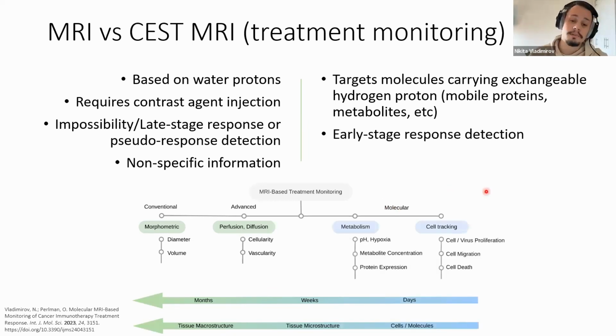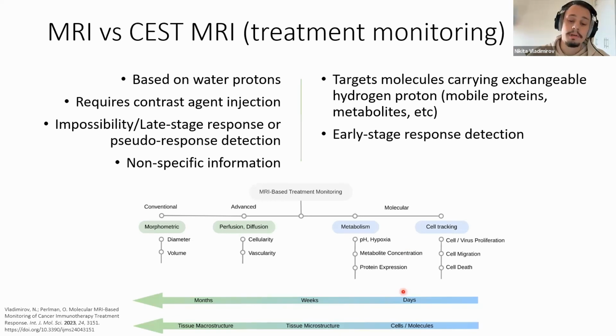And this allows us early stage response detection. We can easily differentiate between pseudo response and real response because we can monitor metabolism, because CEST is sensitive to the pH, which is molecular information about the molecular level of the tissues and tumors.